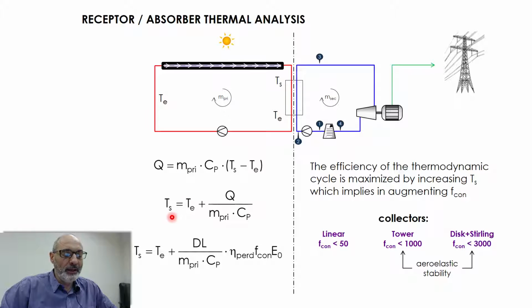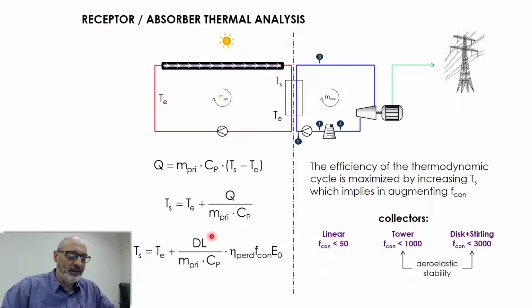From this formula, you can calculate TS, just isolating TS, and by replacing Q from the previous slide, from the solar collector, we have this working formula here. So TS is equal to TE plus something.